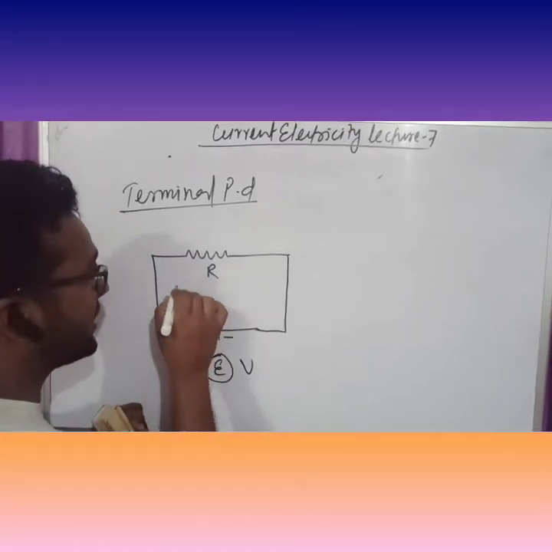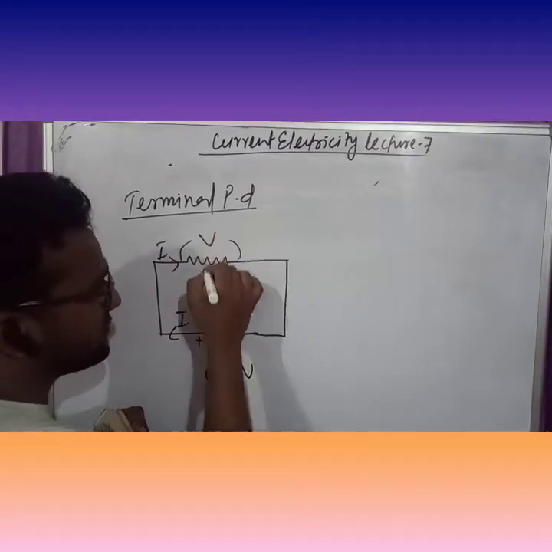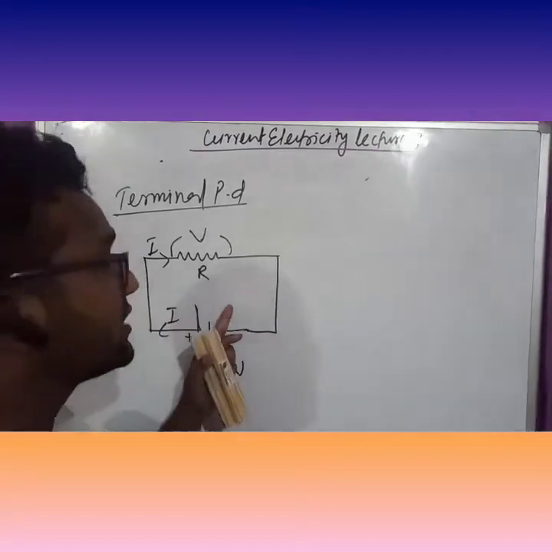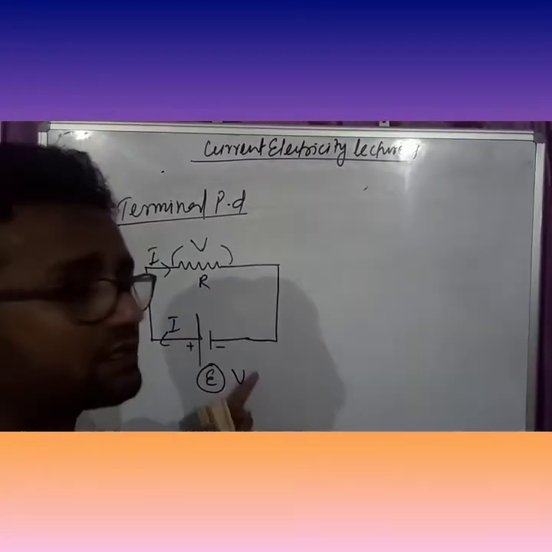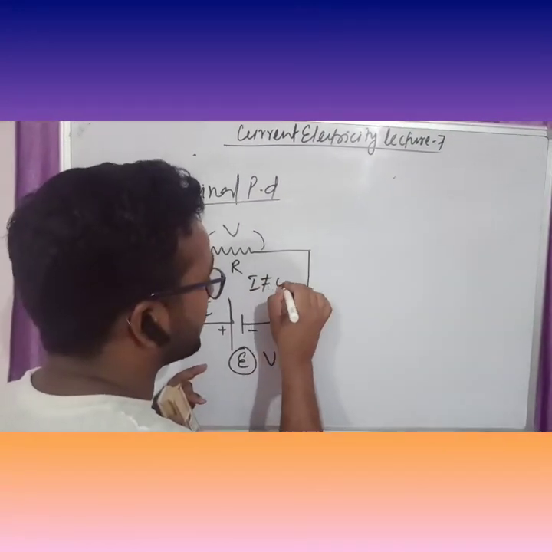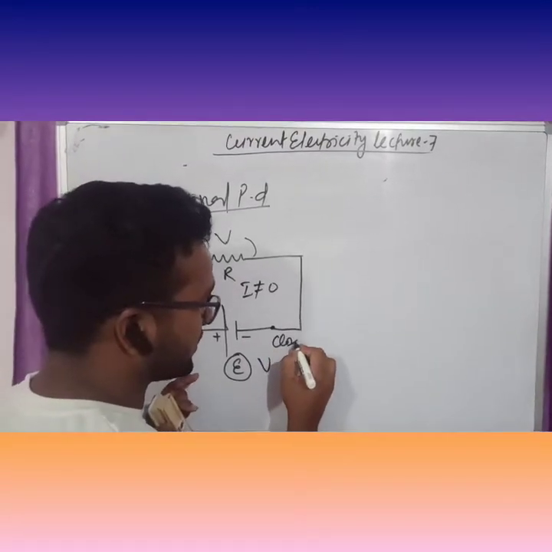Here current is I, and here the potential difference will be V. This V and V will be the same. Also we can say the terminal potential difference is the potential difference of the two terminals of the external circuit. Also here current is not equal to 0, and it is a closed circuit.